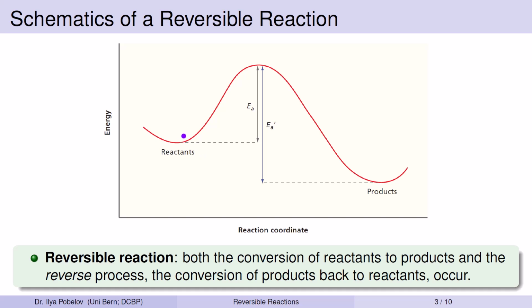Reversible reactions are those where the conversion of reactants to products and the reverse process, the conversion of products back to reactants, both occur. This dual nature of reactions is crucial for understanding how chemical systems reach equilibrium.